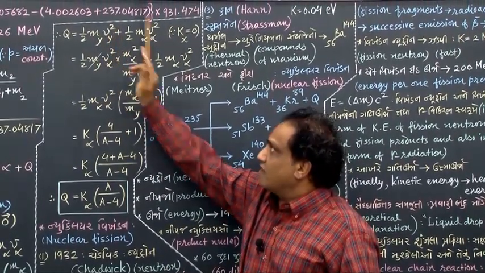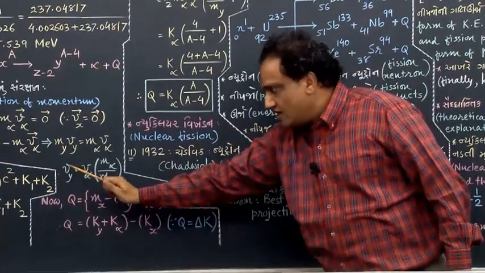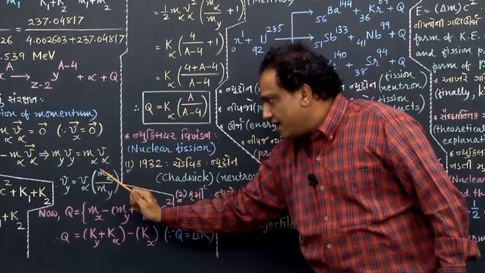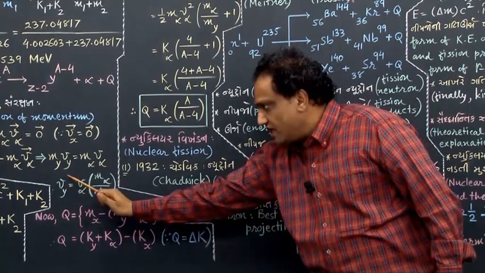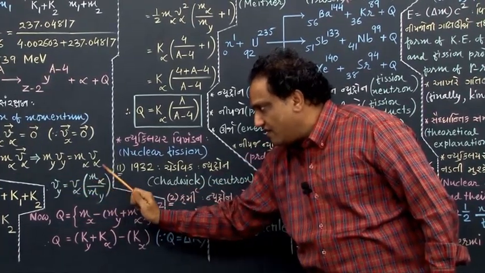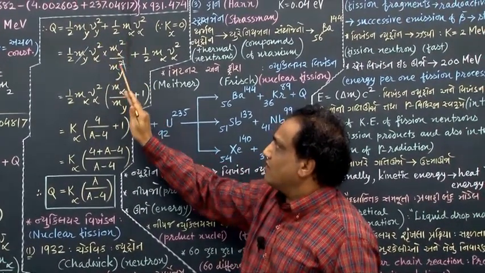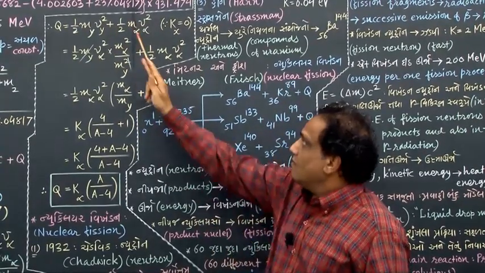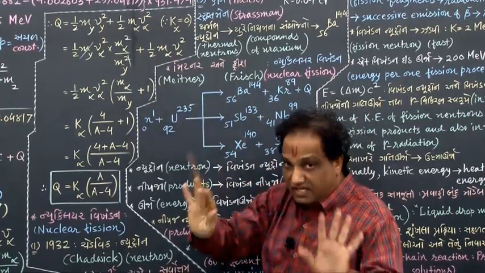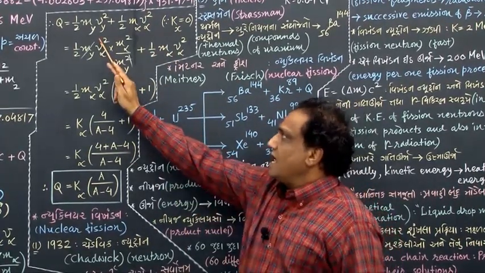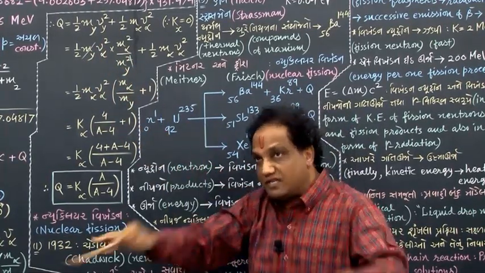And now this 1 by 2 my as it is. But what about vy square? Vy square, find out from here. Make it squared on both the sides. Vy square will be v alpha square into m alpha square upon my square. Here it is. Plus 1 by 2 m alpha v alpha square as it is. And now my from numerator, my from denominator, you can get it cancelled.